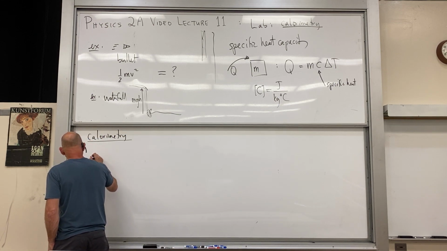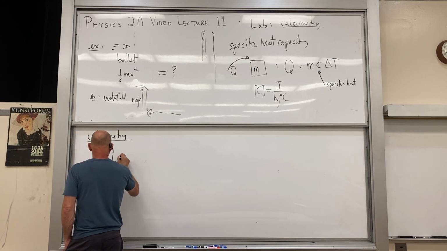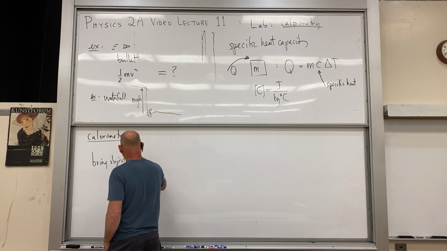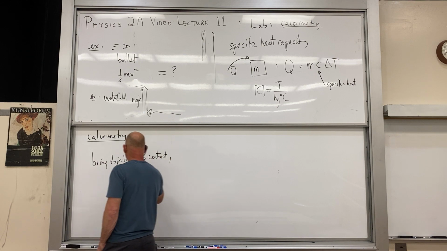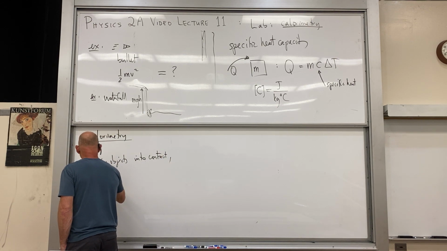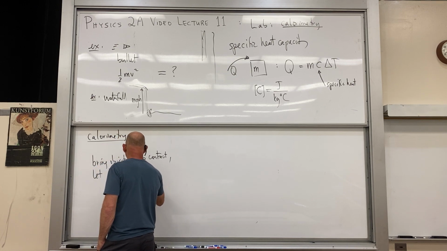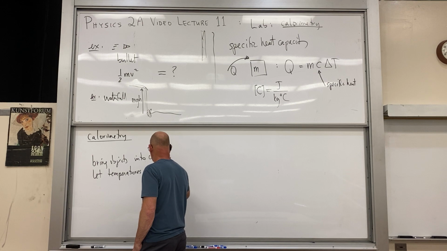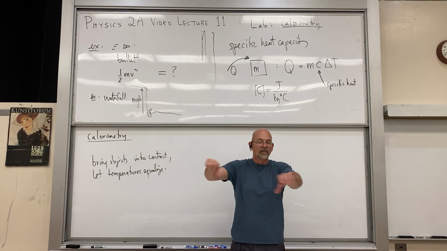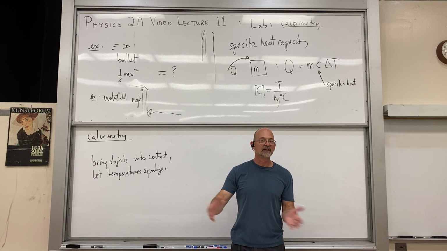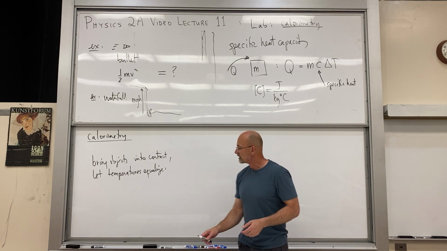Bring objects into contact, let temperatures equalize. And this could also include just taking some cold water and some hot water, pouring them both in a beaker. And then what's the final temperature, right? You stir it up, eventually it's just one temperature.